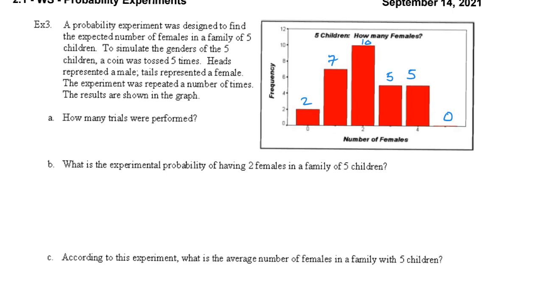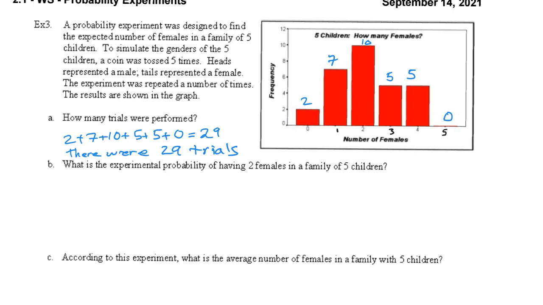The first column is number of females, 0, then 1, 2, 3, 4, and 5, so we can quickly reference our graph. To figure out how many trials were performed, we add up the total frequencies of the columns. Totaling, you get 29, so there were 29 trials.